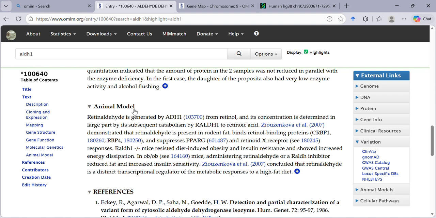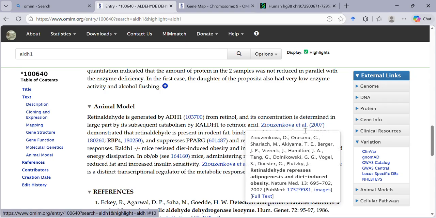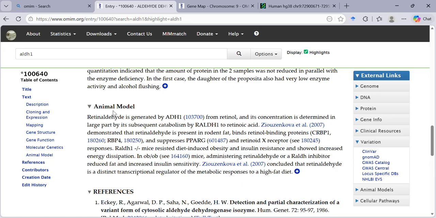Then this is more advanced for the discussion: you can mention the animal model that was done in this study, who did it, let's say in 2007, Zhou and Zinkon did the animal modeling. If animal modeling is done on a gene, it is kind of more convincing data, in terms of this gene being very widely understood.